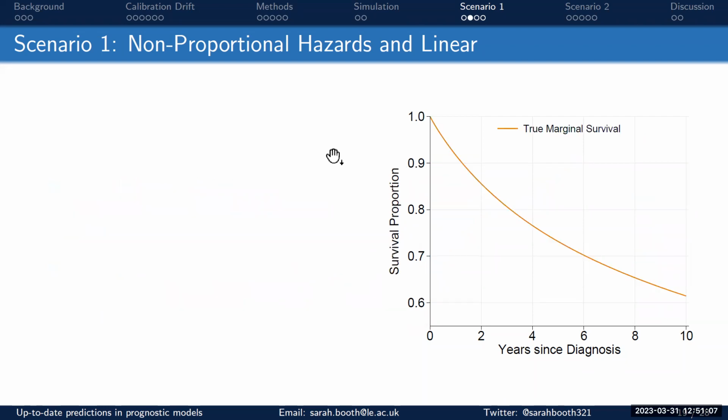And so in this graph, this is the true marginal survival. If we had any really good models, we would hope that our marginal survival would just overlay this line. And if we just did the standard model and we didn't have any adjustments, you can see that we underestimate survival across all time points.